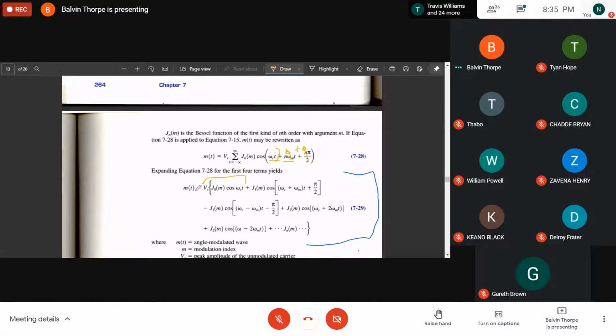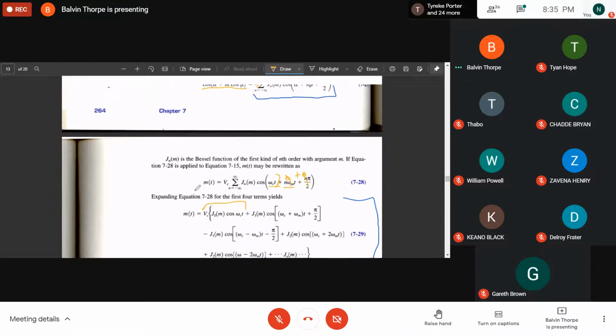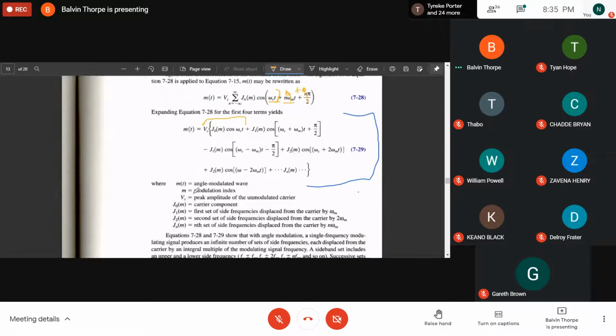n is just a value, right? That's a number that goes 1, 2, 3, 4, 5. So when n is 0, the only thing you have from this expression is just this.